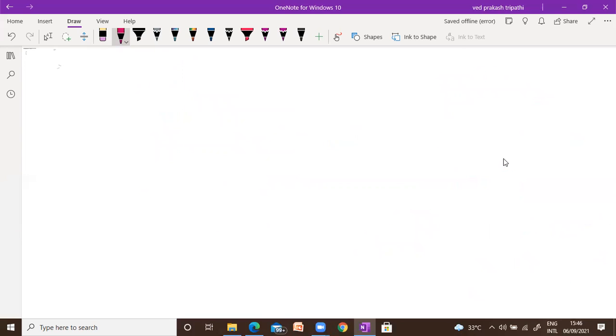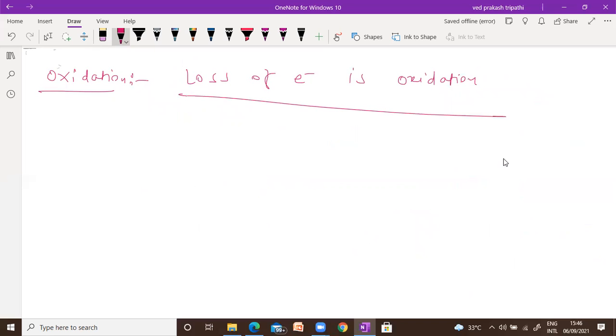Now what is oxidation? I am saying loss of electron. Loss of electron is oxidation. Means suppose you have element A, when it loses the electron, that will generate a positive charge. So this is known as oxidation.